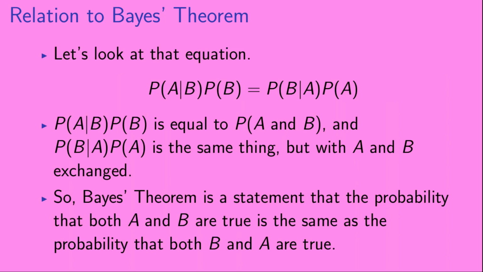P of A given B times P of B is equal to the probability of A and B. And P of B given A times P of A is the same thing, but with A and B exchanged. So Bayes' theorem is a statement that the probability that both A and B are true is the same as the probability that both B and A are true.